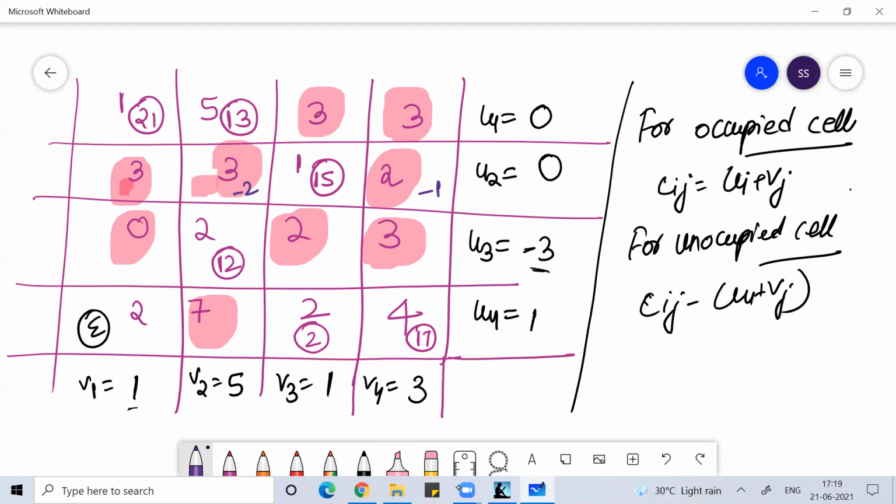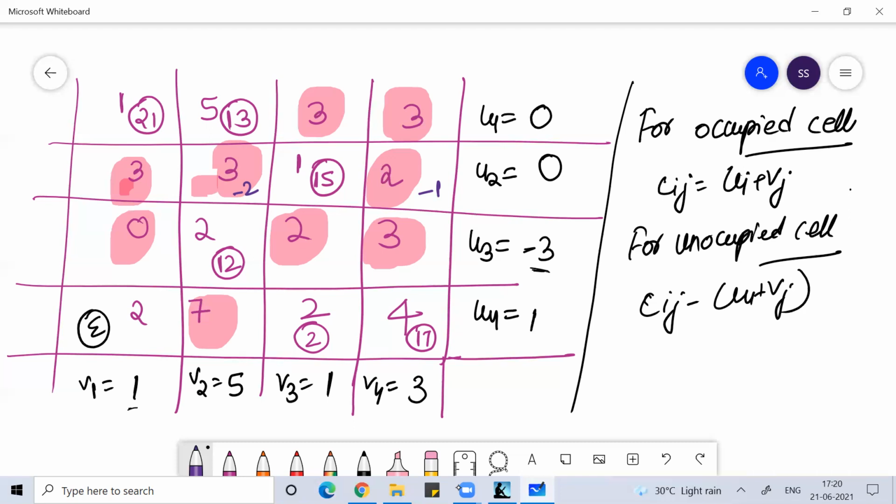Then this is 0 minus minus 3 plus 1, 0 minus minus 2, then minus 1 plus 3 minus 2, 2 minus minus 2, minus 2 minus 3 plus 2. So you can see the solution is still not optimal because you are still getting a negative value.